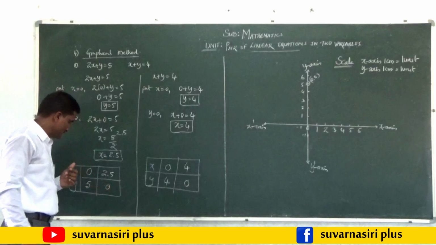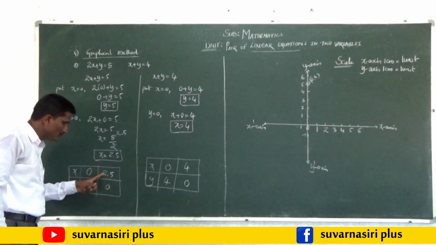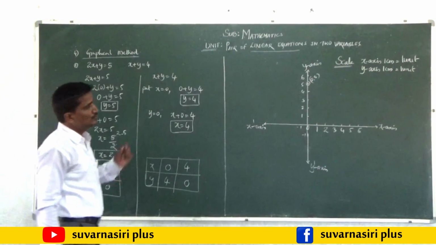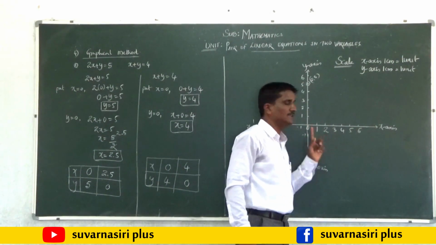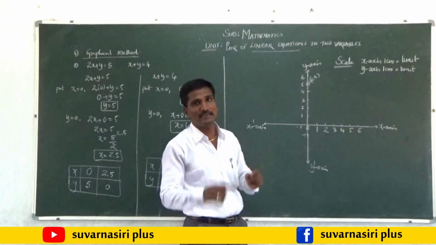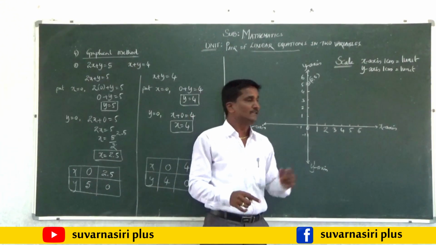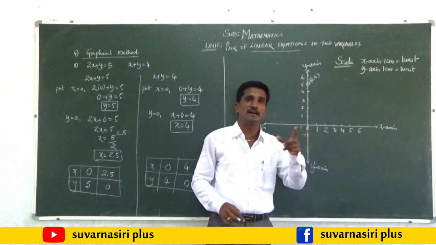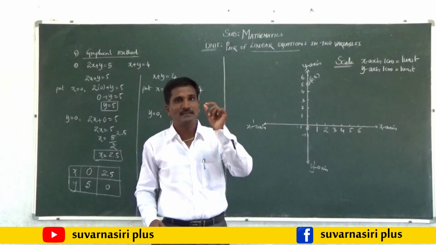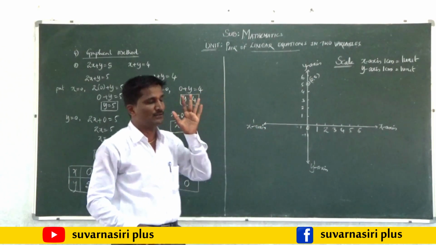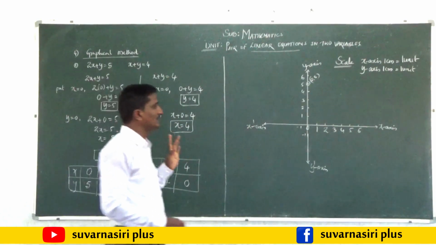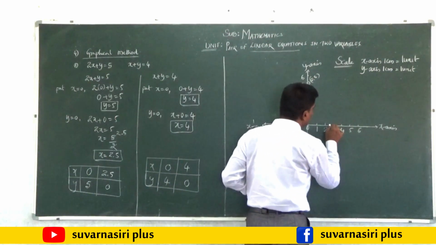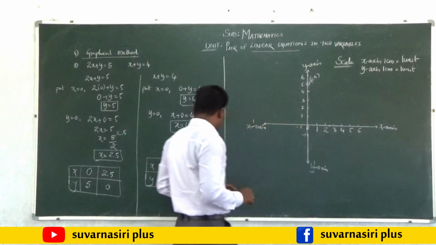Again the second point, x is 2.5. 2.5 is between 2 and 3, exactly the middle line. In your graph, 10 lines are there. In that the middle line is there, no? That is the 2.5, fifth line. So here 2.5 means in between 2 and 3 you have to represent this.